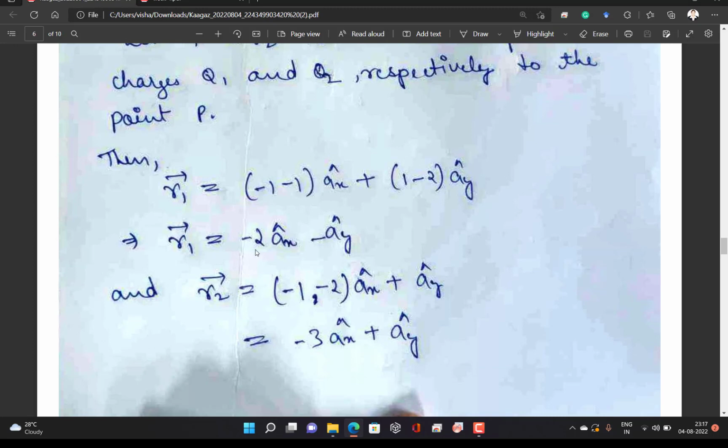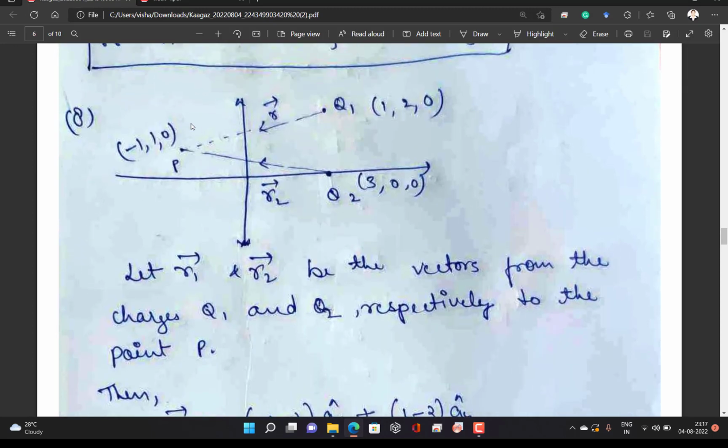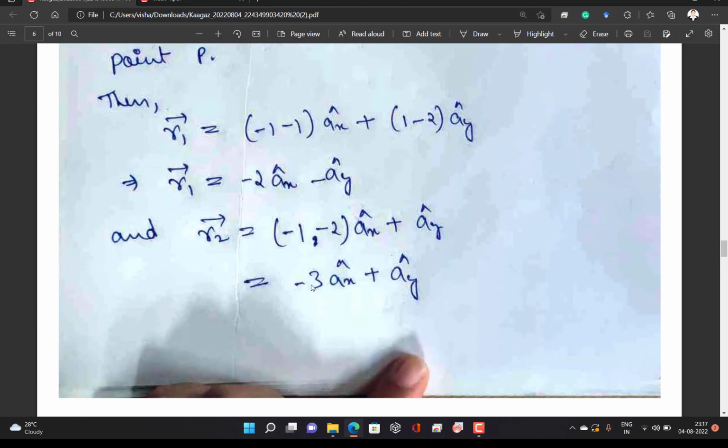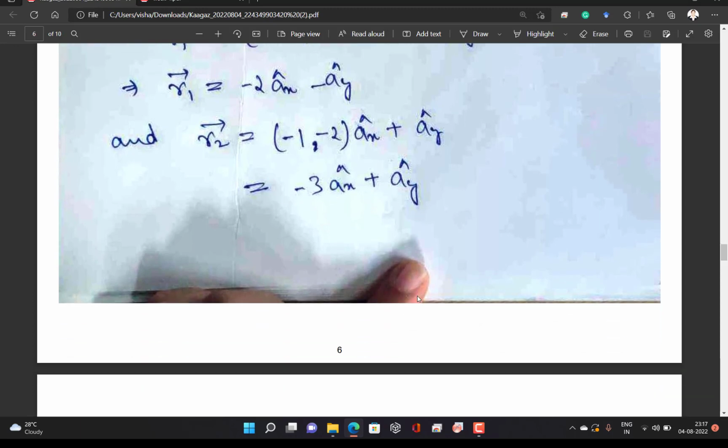So R1 will become minus 2 AX minus AY. Similarly, R2 will be (minus 1 minus 2) AX plus (1 minus 0) AY plus (0 minus 0) AZ. So R2 will become minus 3 AX plus AY.